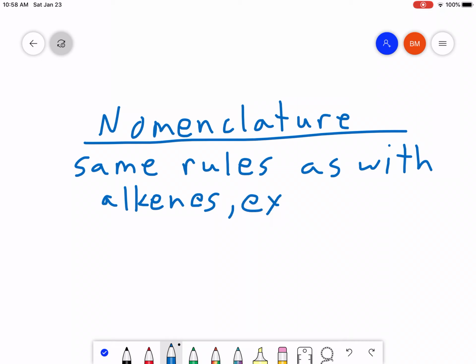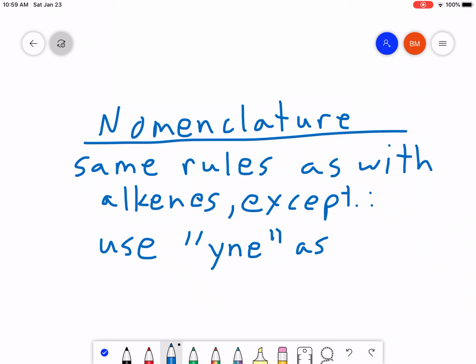There's only one exception to this. Instead of using the suffix -ene, you're going to use the suffix -yne for alkyne.